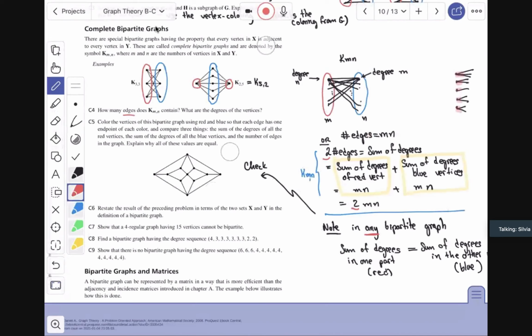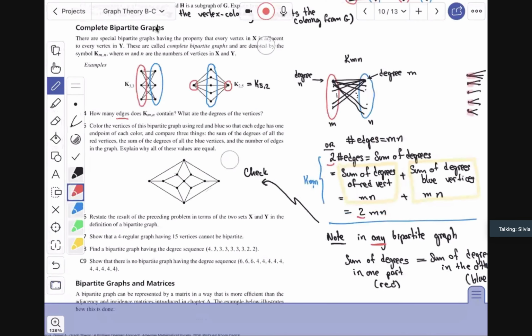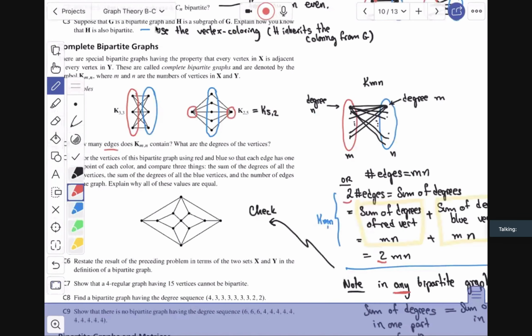So it's not going to be m and n, but they're going to be equal. For instance, here you can add the degrees of the vertices. All of those are 2, right? And that's going to give you 10, 10, right? 1, 2, 3, 4, 5. So the sum of the blue degrees is 10, and the sum of the red degrees is 10, and the number of edges is 10. Maybe I should actually complete this.